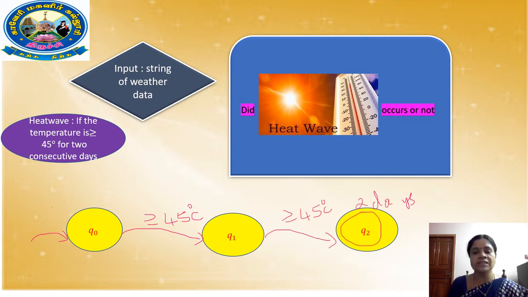Again, if it has a temperature greater than 45 degrees Celsius, then the heat wave in that year is confirmed, because we have taken here 2 consecutive days with a temperature more than 45 degrees.